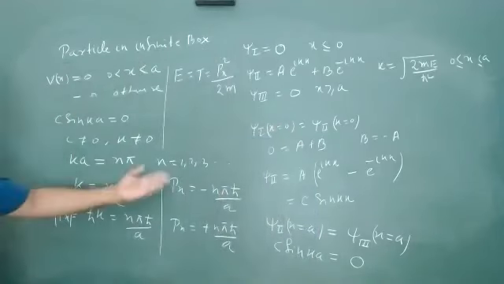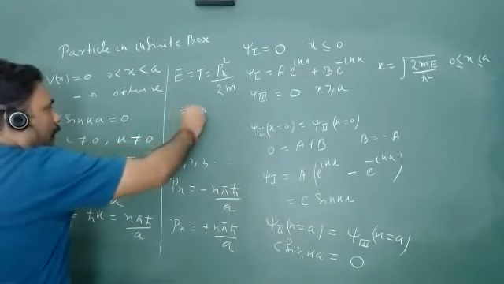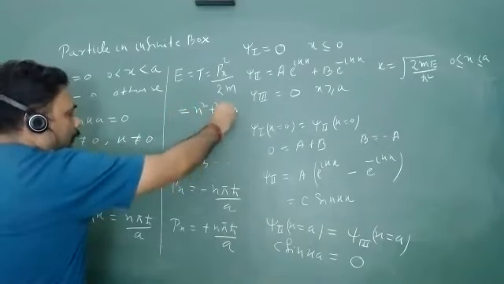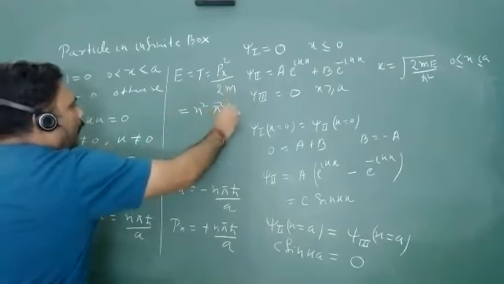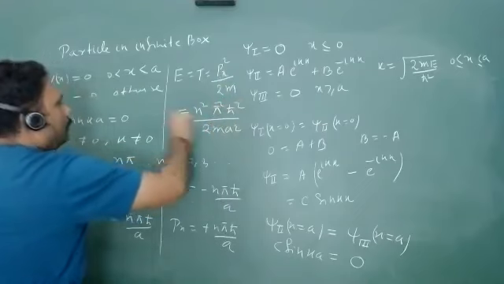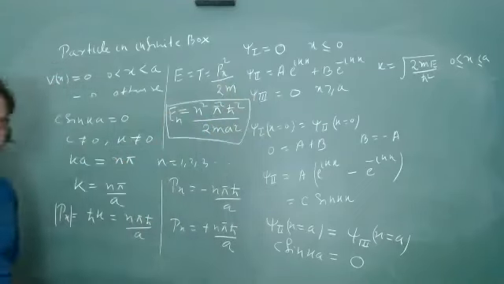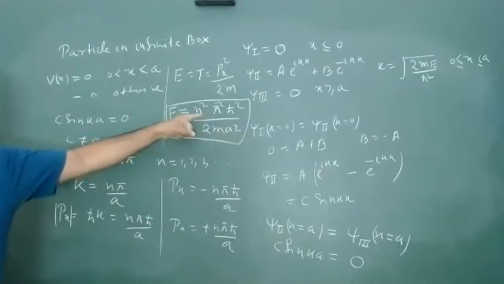Whether you take positive or negative momentum, you will get the energy n square pi square h cut square upon 2ma square. So this is your energy, and you can see energy is fully quantized. Suppose this is the energy, how much momentum is associated with this? Can anybody tell me?